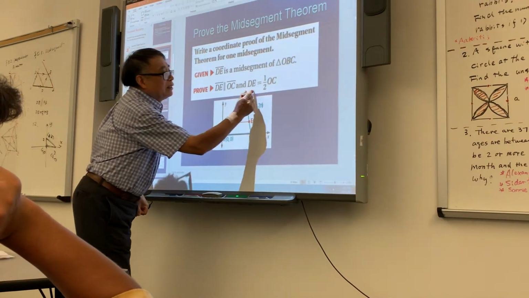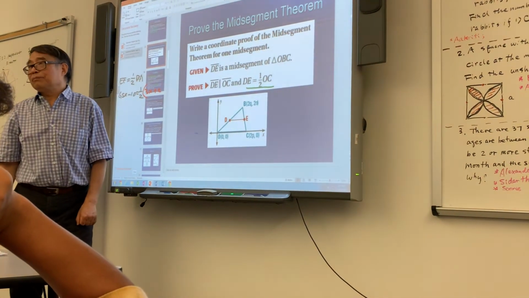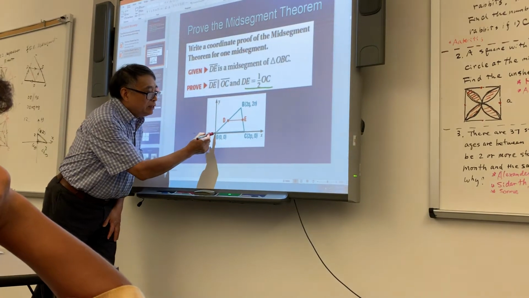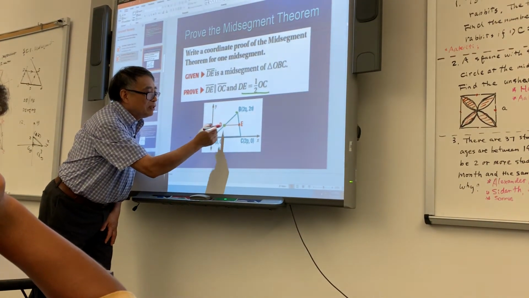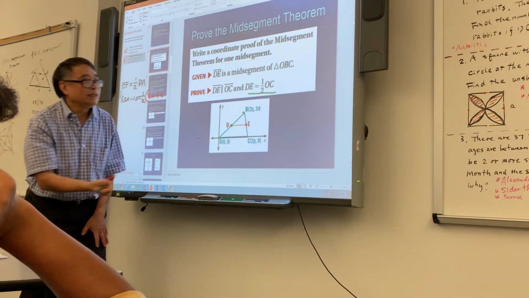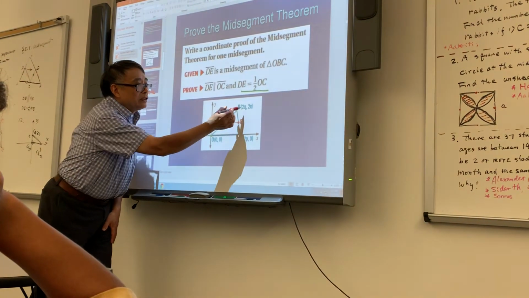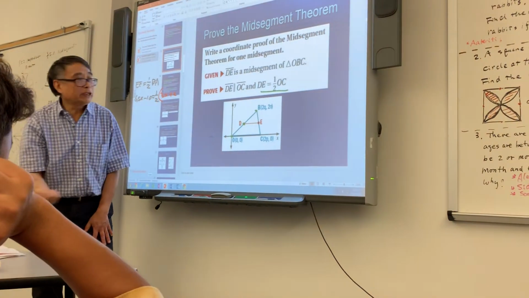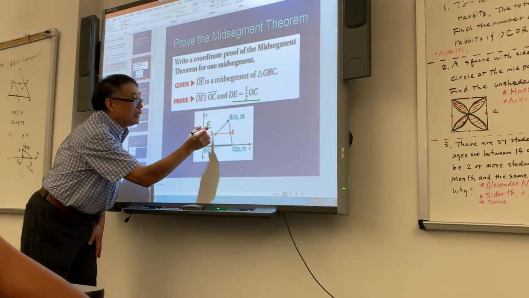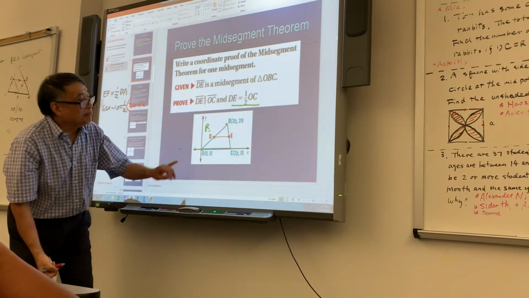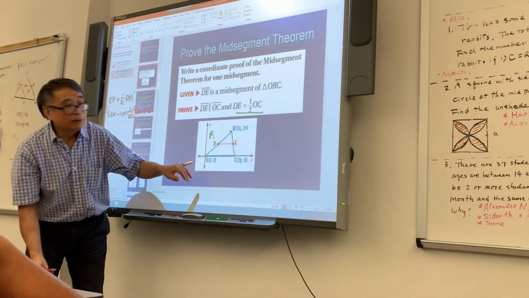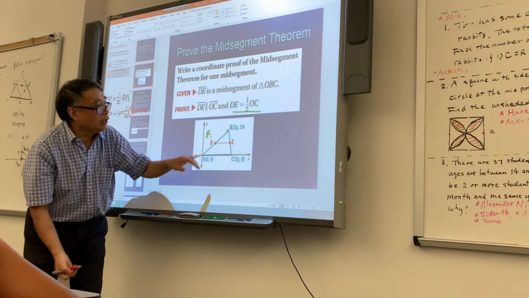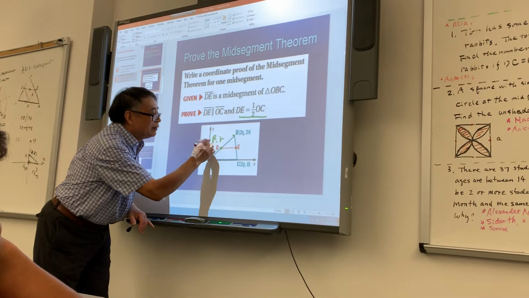How to prove DE is half of OC? For this point, you can find the midpoint. Do you understand, please? Midpoint of D: (2q plus 0)/2 is q, (2r plus 0)/2 is r.